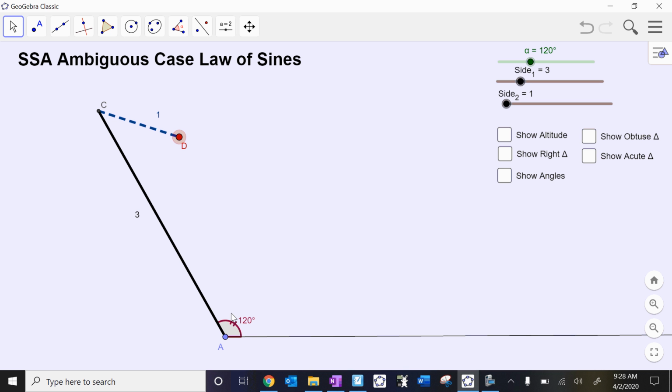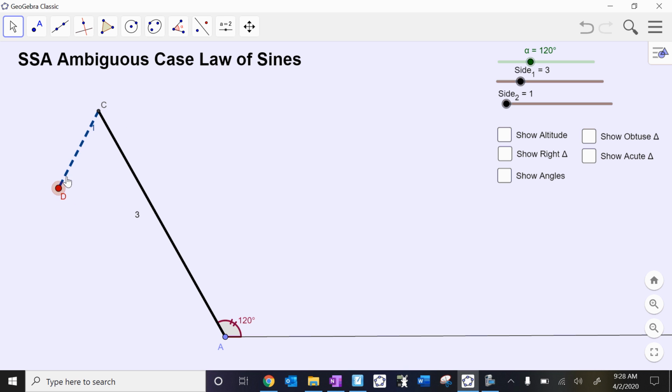So my scenario is I have an angle measure A. This 1 would be considered side length a. And then this over here is going to be side length b, because off in the corner over here somewhere would be angle B. Notice how a compares to b right now. a is less than b. My goal is to try and get this line extended so that it reaches the bottom over here to form a triangle.